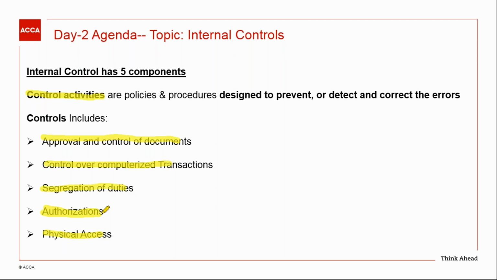But the organization objective is the purchases should be done competitive and genuine. That's the control objective. I am again repeating the control objective of the purchase because it is very important to understand here.